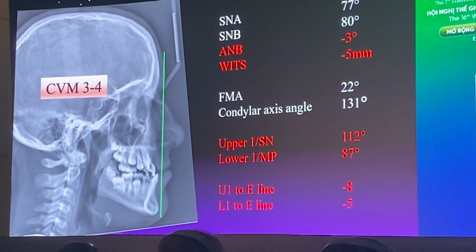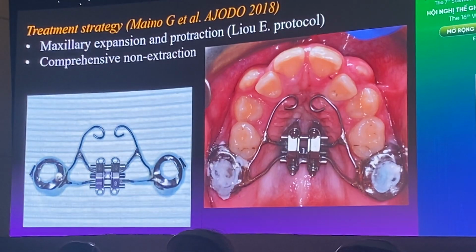All right, so you did your cephalometric analysis. He does have some skeletal problem, okay? And now, the reason I want to show you this case is not his perfect case, all right? There is a problem there. Take a look at the design of this appliance.